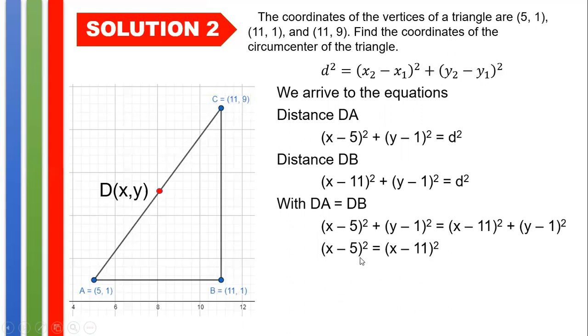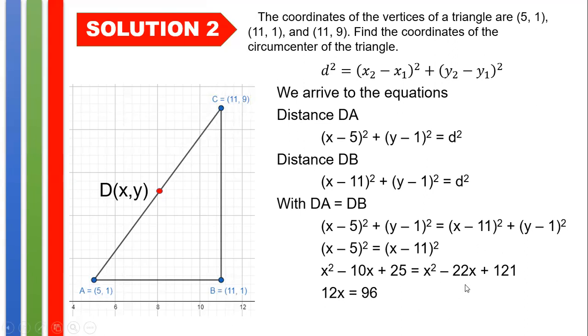Squaring the binomials, the square of x minus 5 is x squared minus 10x plus 25, and the square of the right-hand side is x squared minus 22x plus 121. If you wish, you could review how to square a binomial, or you may do the FOIL method. X squared is a common term on both sides, so subtracting it, that will be gone.